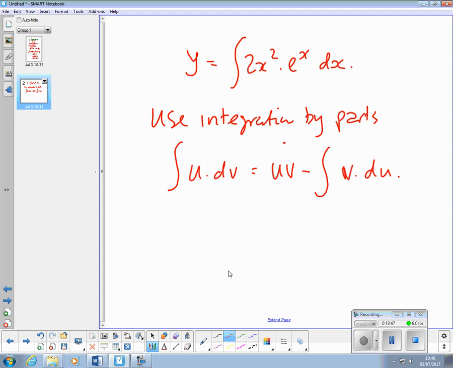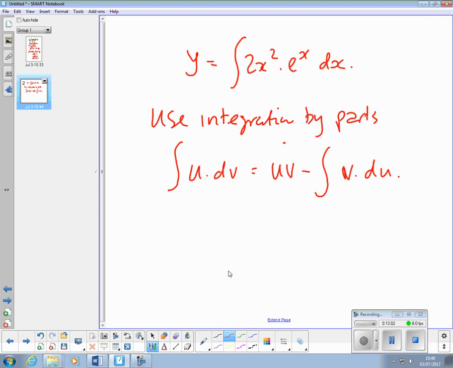Yeah? And this is like a function times a function thing, in a little bit of a similar way to the differentiation. Function times a function.